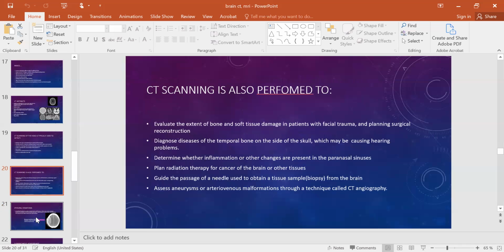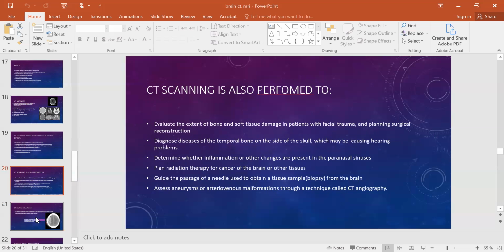Also, we use computed tomography scan to evaluate the extent of bone and soft tissue damage in patients with facial trauma, for example, and while planning surgical reconstruction. It helps to diagnose disease of the temporal bone on the side of the skull, which may be causing hearing problems.